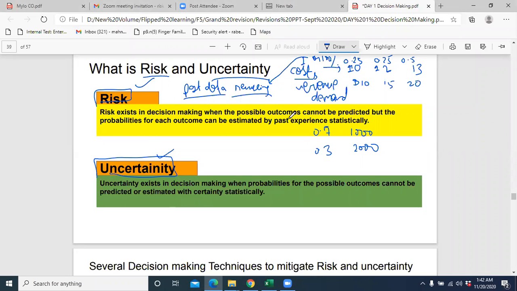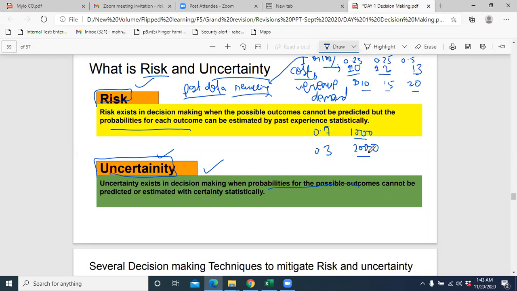Risk is when you actually can predict the probabilities for each outcome that you have estimated. Okay. You can assign probabilities to it, but at times uncertainty is at its top, that you cannot assign probabilities to the possible outcomes. These are the outcomes: the cost could be this, the revenue, selling price could be this, or the demand could be this and this.